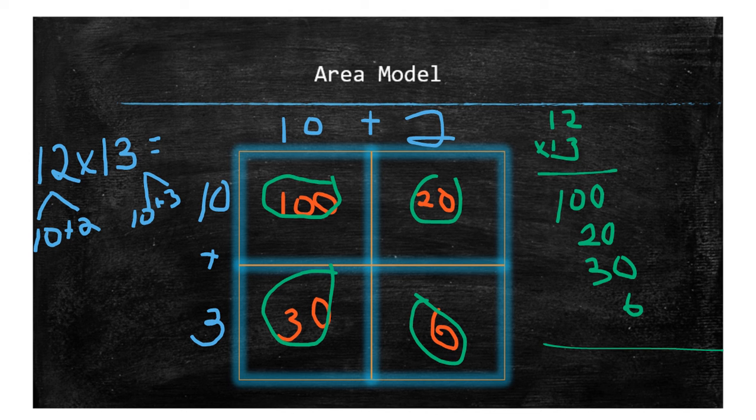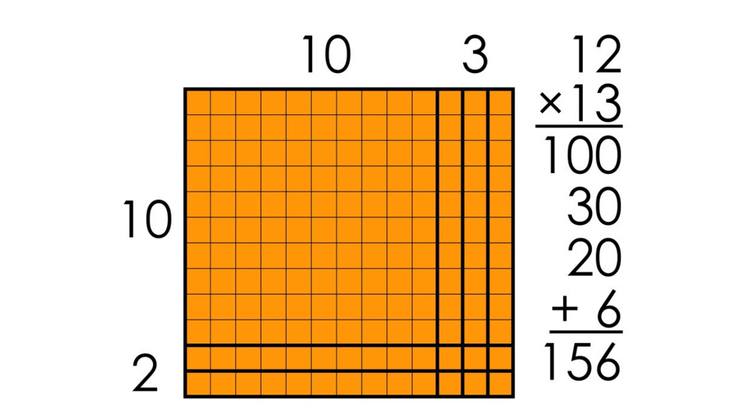We've got 100 plus 20, it's 120, plus 30, that's 150, plus 6, that's 156. So remember, we're breaking down the place value system. So it's our factor of 12 multiplied by 13, with a product of 156.